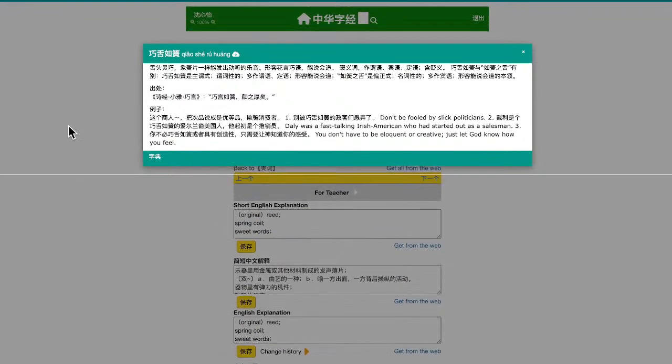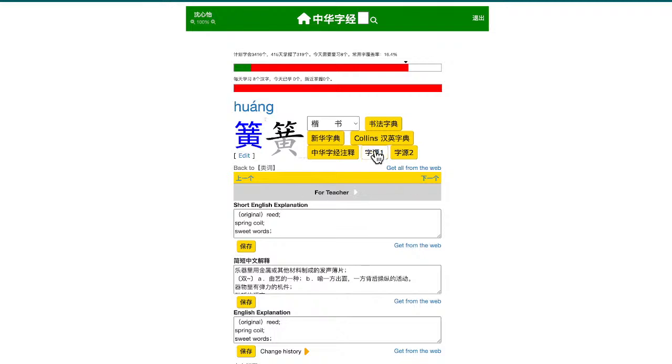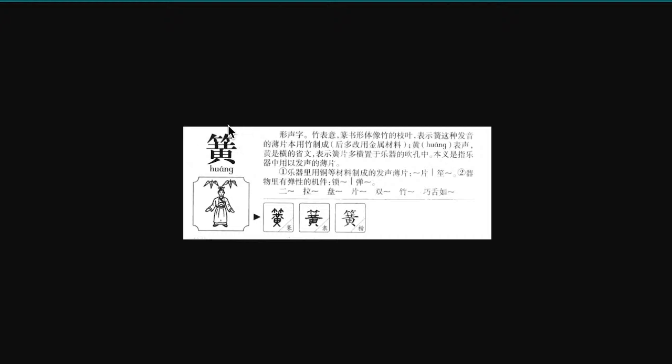Okay, so this is 黄. Now let's take a look at that. If you look at it, there is the bamboo radical on the top and then the character 黄 on the bottom. Now the bottom of 黄 does not mean the color yellow. This thing is actually the simplification of the character 横, which means level, horizontal.